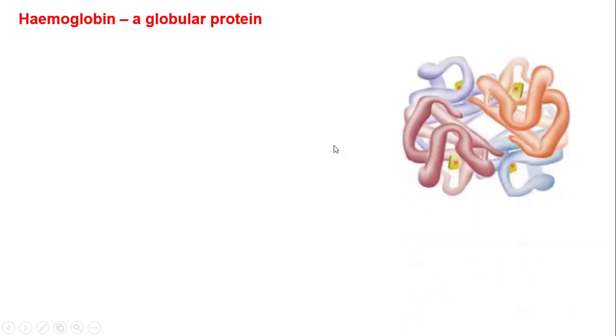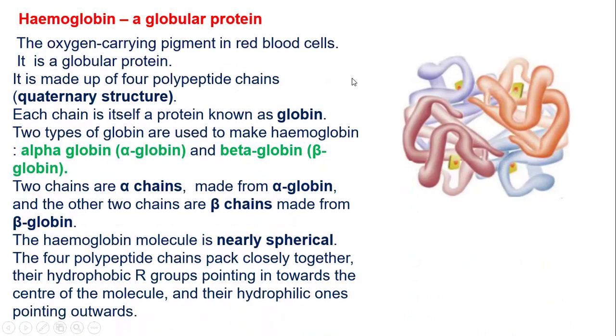The curling occurs in a way that the hydrophilic amino acids are on the outside of the molecule, whereas the hydrophobic ones are on the inside of the molecule. Then mention that hemoglobin is going to be soluble. So hemoglobin is made up of a globular structure, so it is a globular protein.